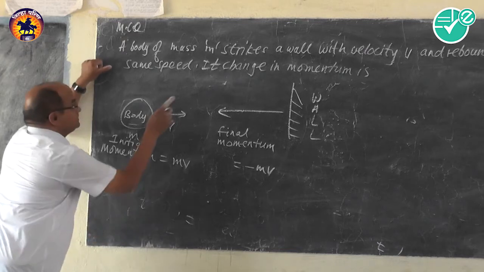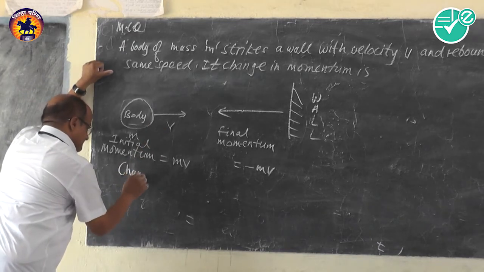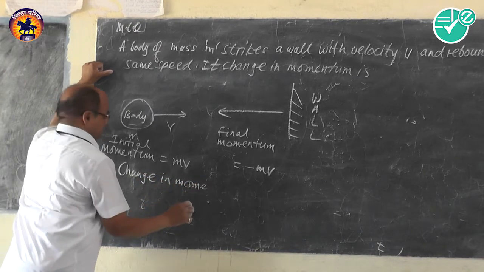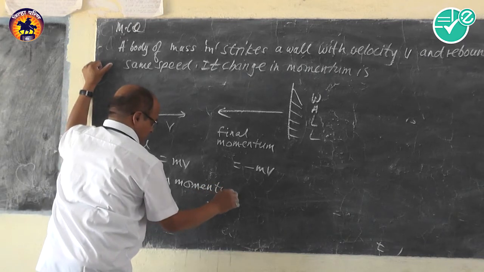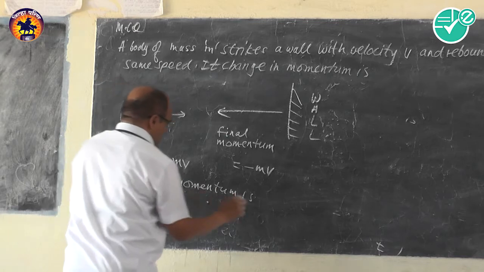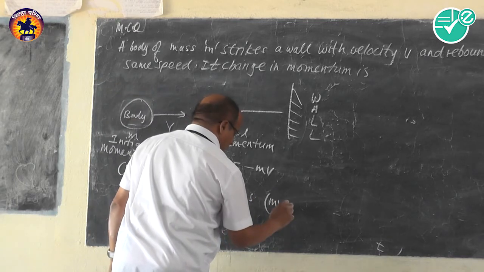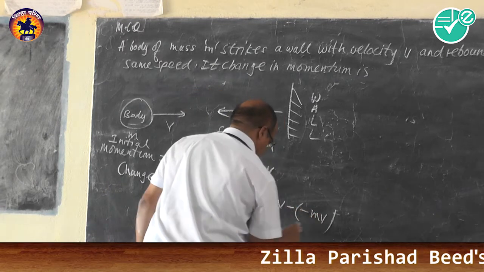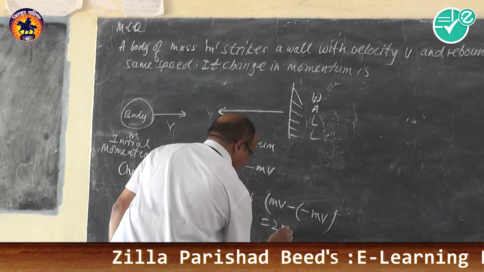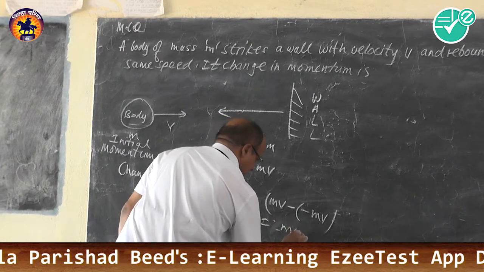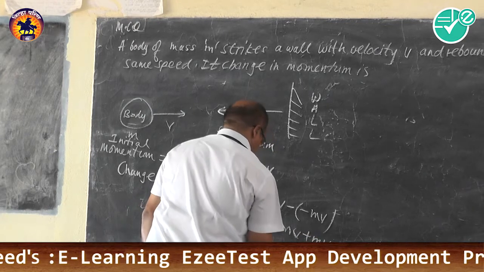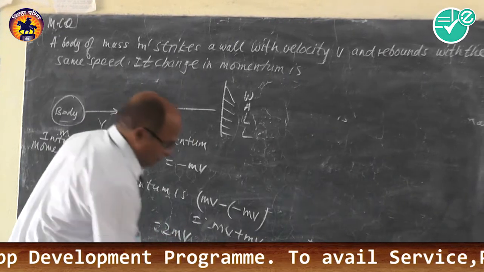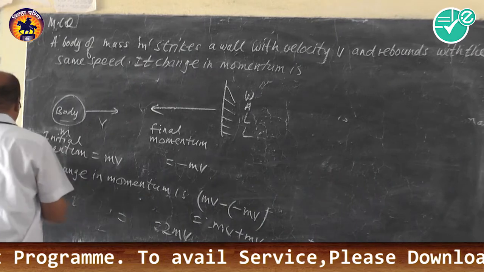So the change in momentum is initial momentum mv minus final momentum, mv plus mv, that is equal to 2mv. Here I have forgotten to give the MCQ options.